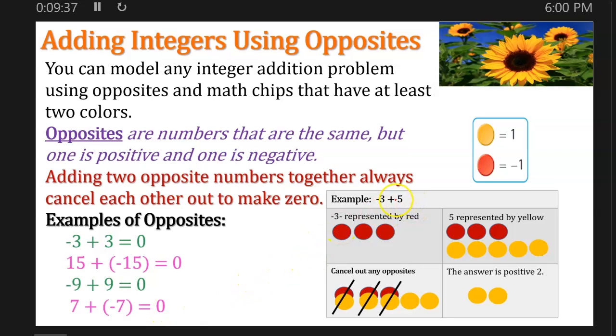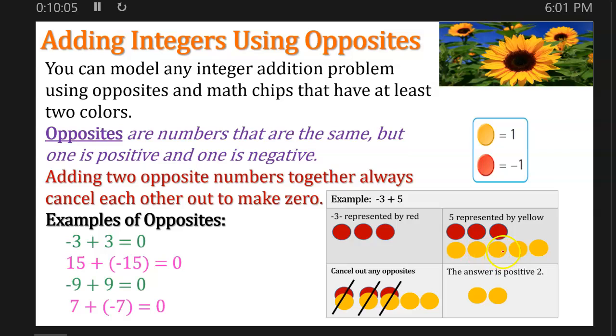Okay, so let's look at this example of using these math chips. The first example is negative 3 plus positive 5. The first thing I'm going to do is put down 3 red chips, because red means negative 1. To get negative 3, I need 3 of those chips. So I'm going to put those 3 chips down first. Then I'm going to take the positive 5 in my problem and list those right under the 3 red chips.